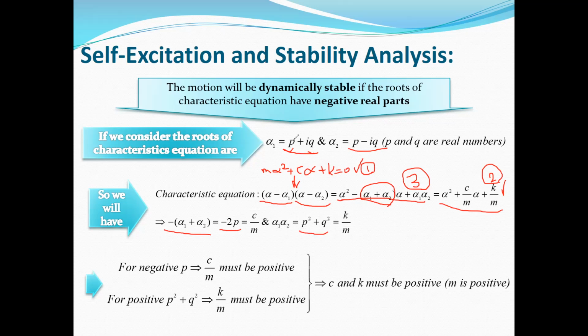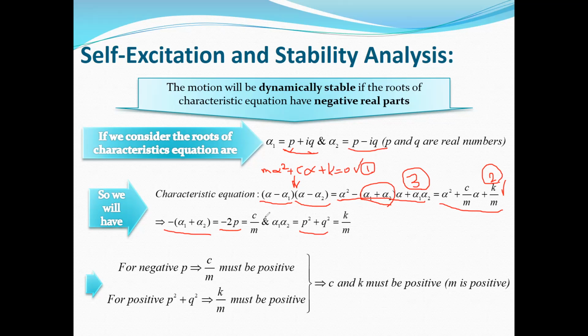You know that p plus iq multiplied by p minus iq is equal to p squared minus i squared q squared, and i squared is equal to minus 1, so minus i squared q squared is minus times minus, which is positive. So p squared plus q squared must be k divided by m.